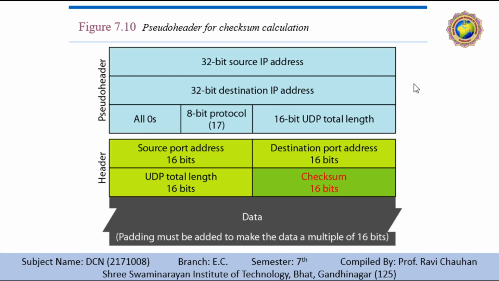If the checksum does not include the pseudo header, the user datagram may arrive safe and sound. However, if the IP header is corrupted, it may be delivered to the wrong host. The protocol field is added to ensure that the packet belongs to UDP and not to another transport layer protocol.